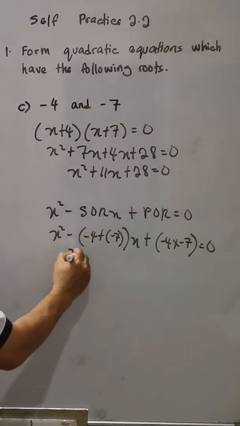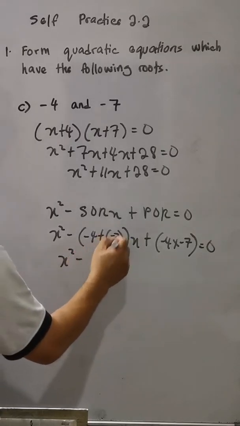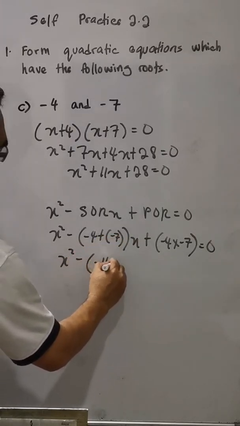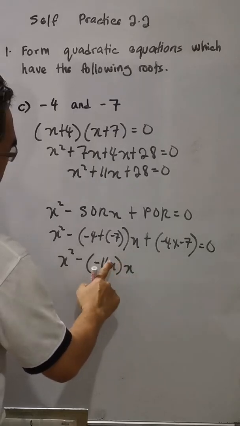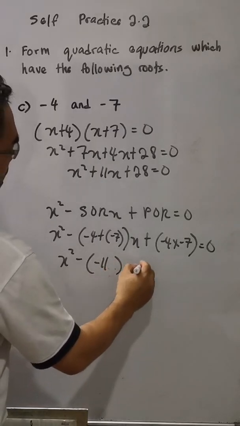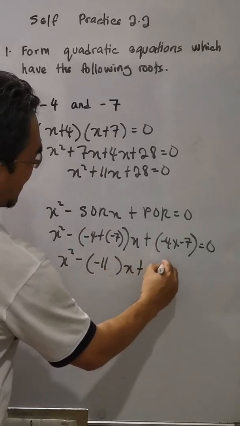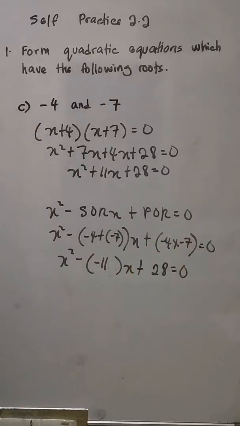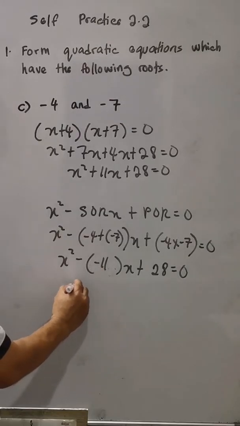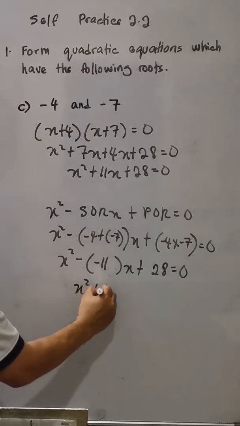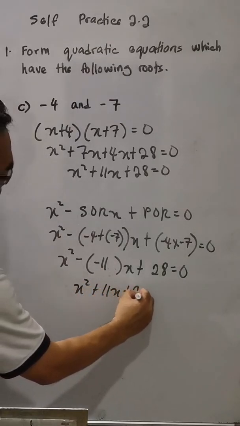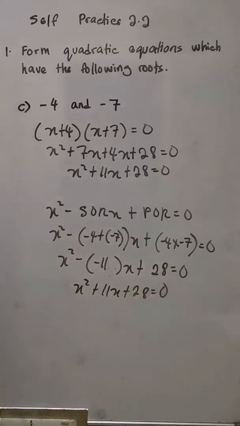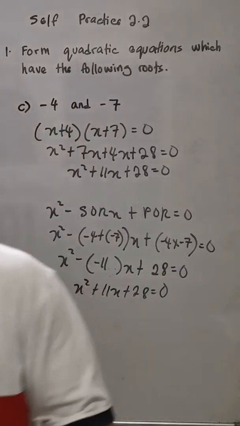So x squared minus negative 11x plus 28 equal to 0. Negative 4 times negative 7 will be positive. Minus minus becomes positive also. So x squared plus 11x plus 28 equal 0. Okay.